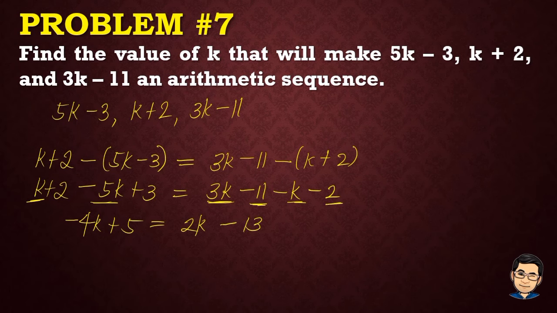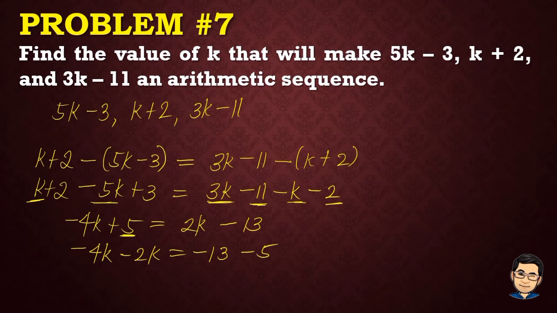And then, yung 2k, ililipat natin siya sa left side. So, magsusubtract tayo ng 2k to both sides. And then, yung 5 naman dito, ililipat natin siya sa right side. So, magsusubtract tayo ng 5 to both sides. So, magiging negative 4k minus 2k is equal to negative 13 minus 5.